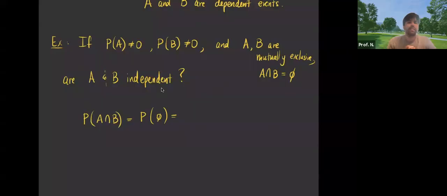What's the probability of the set of nothing happening? We're under the assumption that when we perform the probability experiment, something occurs. We're not saying there's a probability that nothing occurs. So the probability is zero. The probability of nothing occurring in an experiment where something occurs is zero. That's the assumption.